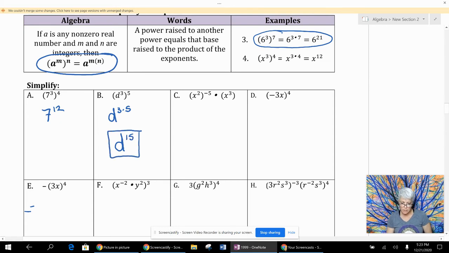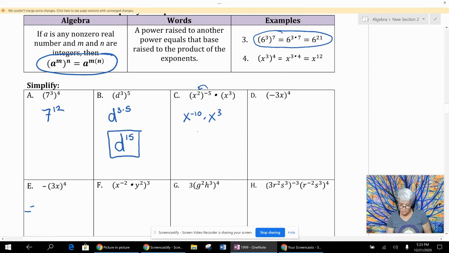Next one, we have exponents, and these two are going to get multiplied together. So this is x to the power of negative 10 times x to the power of 3. Now we're back to the other law we just learned a few minutes ago, where I'm multiplying them, so I'm just going to add the exponents.